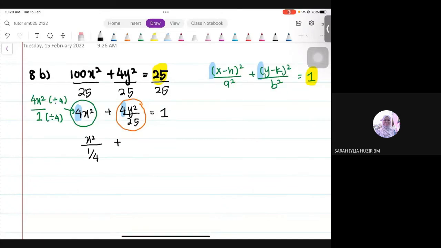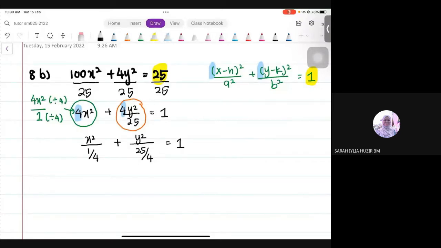So now our equation would be y squared over 25 over 4 equal to 1. Kanan tu kita tak usik. Sebab kita buat asing-asing tadi. Numerator, denominator. Macam tu. So right hand side takkan effect. Barulah kita dapat the standard form for ellipse. Bentuk dia macam pelik sikit lah because kita ada fraction on denominator. But then that is it. Memang bentuk dia macam tu because baru kita boleh dapat the correct value for A and B.